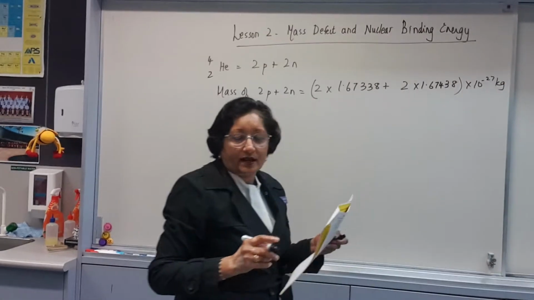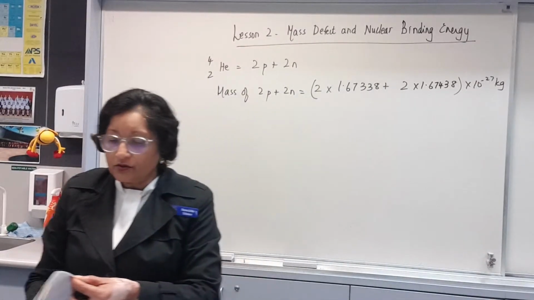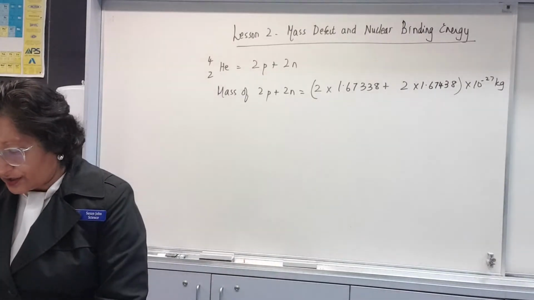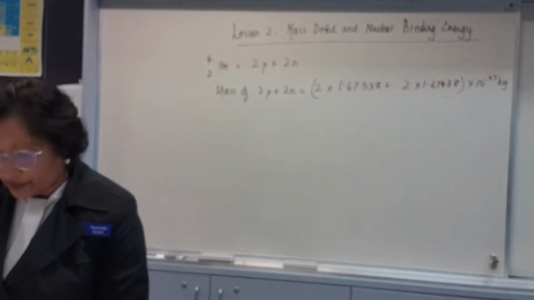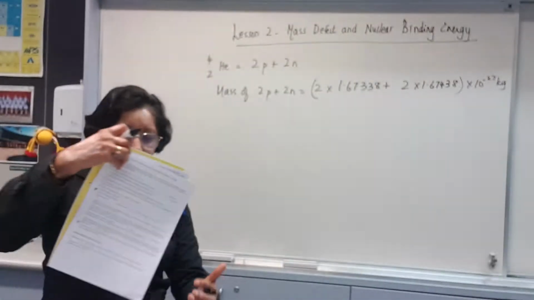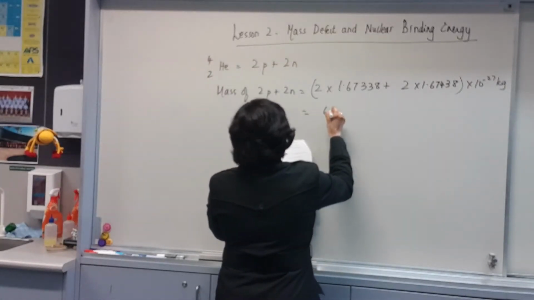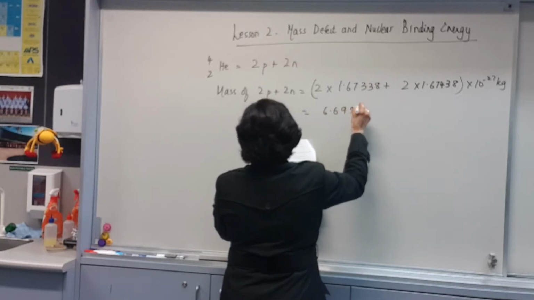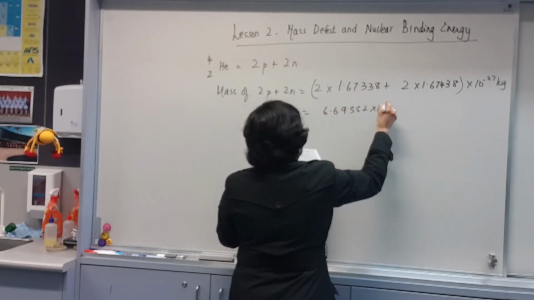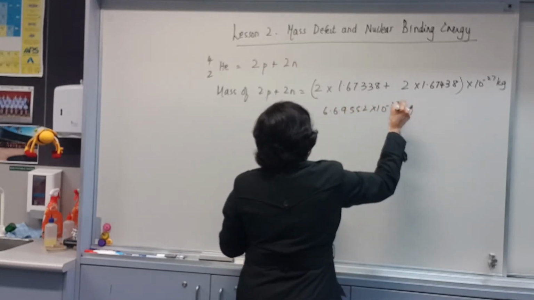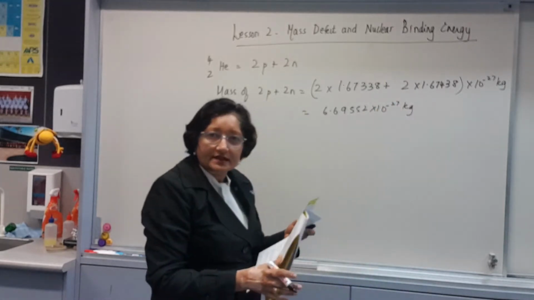Don't forget that one. Okay, so when you do that, this works out to 6.69552 times 10 to the power of negative 27 kilograms.